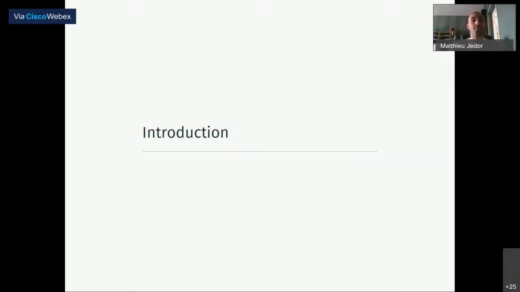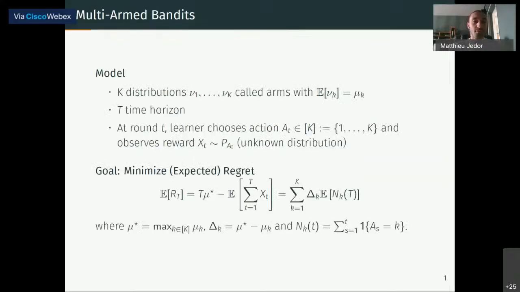I begin with a little crash course on multi-armed bandits. We have K unknown distributions with given expected rewards, and a time horizon capital T. At each round, the learner must choose an action, and will sample from the chosen distribution, the chosen arm.